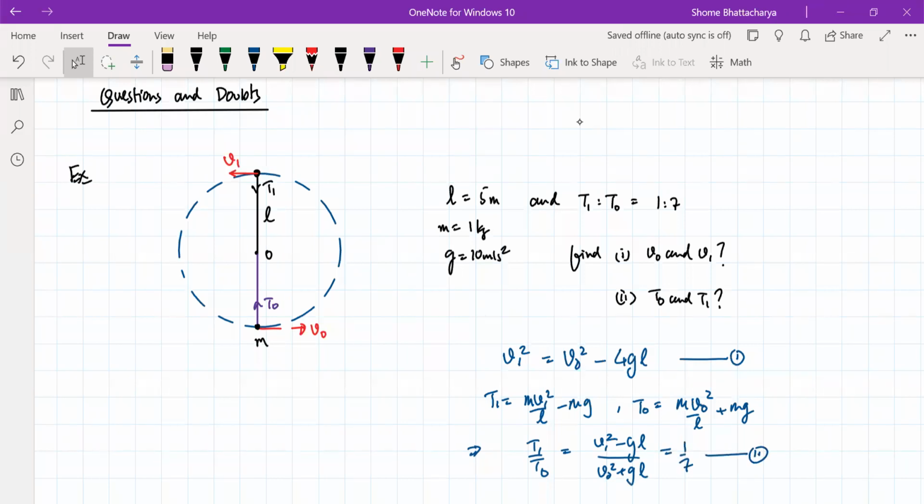That you can take as your second equation. So using these two equations, you can find V0 square and V1 square in terms of gL. And then you can substitute the value of L and g, and you can find out the individual values, and from that you can find T1 and T0.